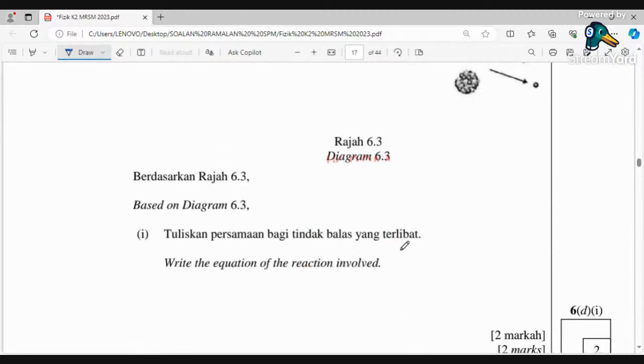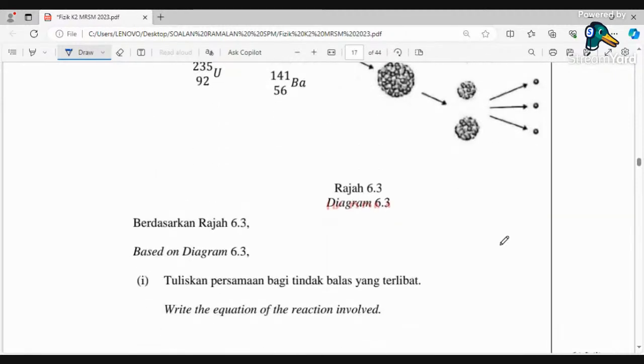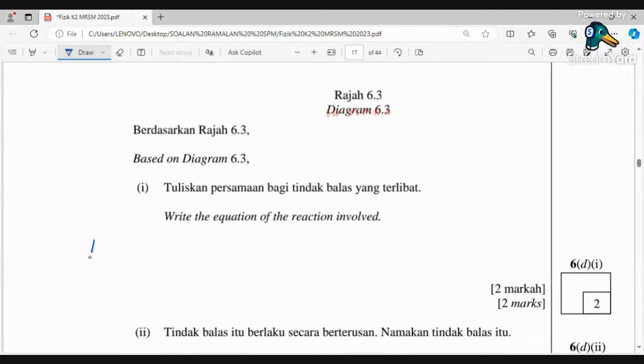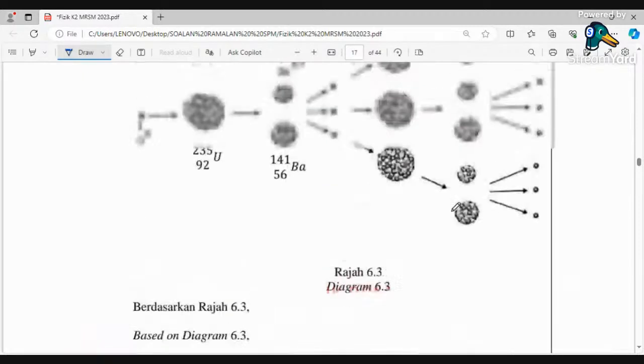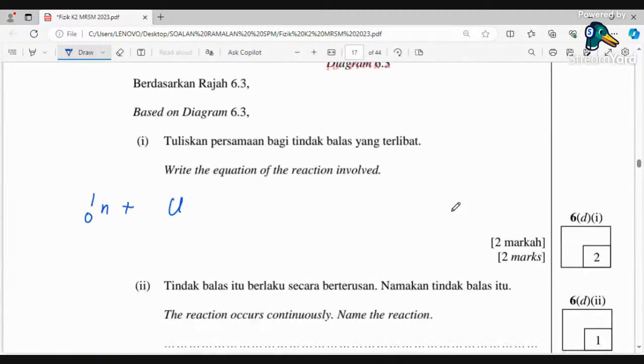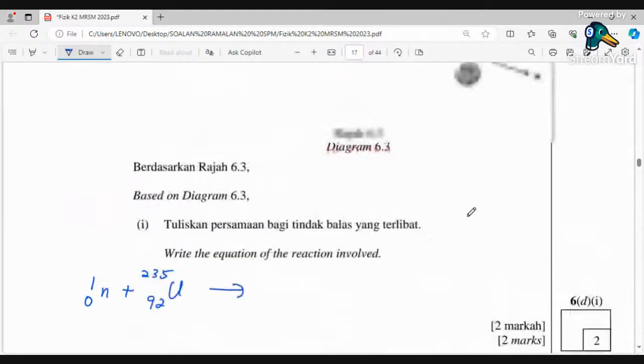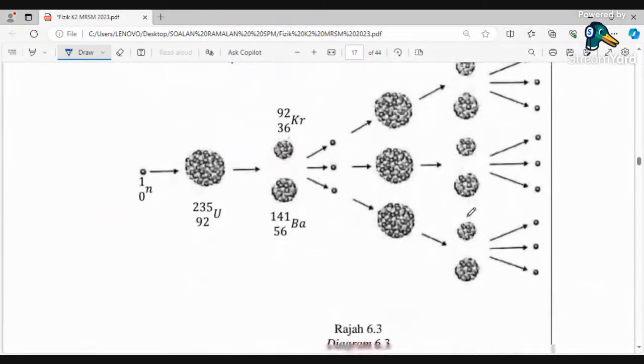Okay, write equation. So we have one neutron, just copy, and uranium 235, 92, to, okay, we have krypton and barium.